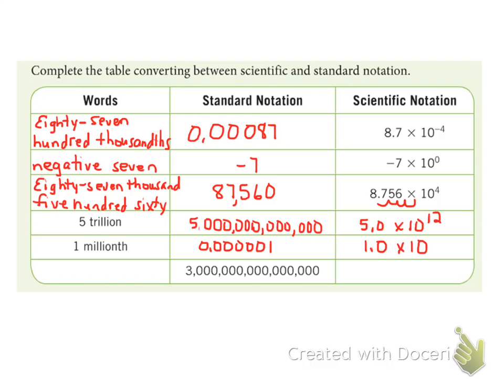It's going to be negative because it's a very small number. So from here, we have to go after the 1. So 1, 2, 3, 4, 5, 6 to get the decimal point after the 1. So negative 6 should be the exponent.